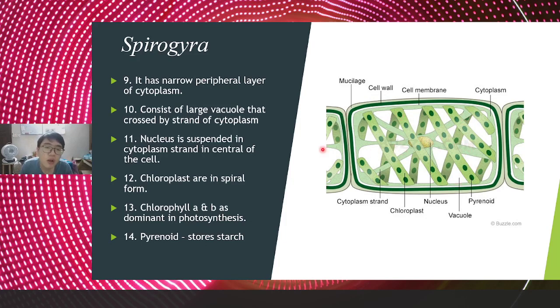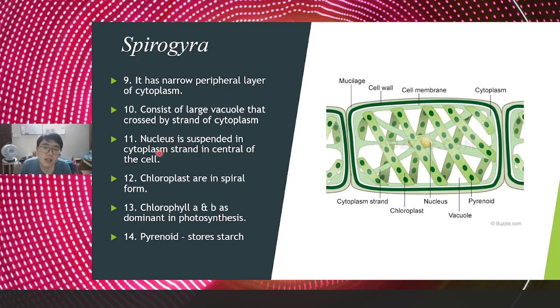It is narrow and consists of a large vacuole enclosed by strands of cytoplasm. So yang ni semua ada spacing punya, actually it is not a space, it is called the vacuole. Yang dia bukan macam plant cell ada satu region called vacuole, right? No, this is the vacuole. All this spacing is called the vacuole.